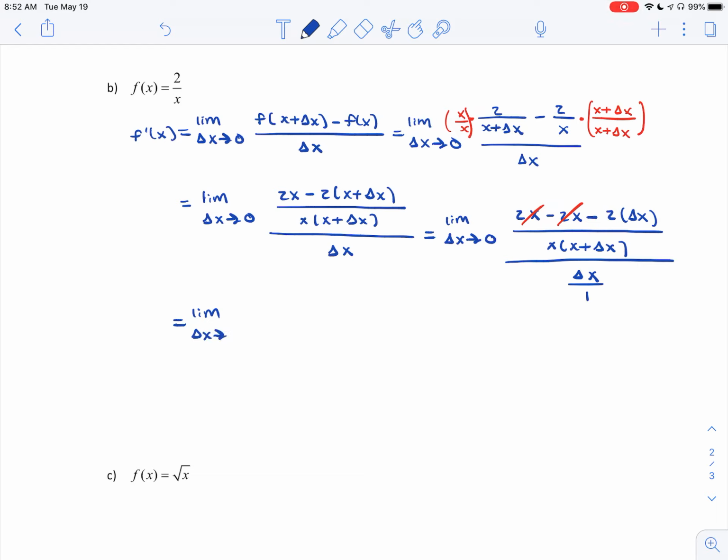If we carry down that limit again, we're going to have here negative 2 delta x over x times x plus delta x. And then instead of dividing by this term, I'm just going to multiply by the reciprocal.